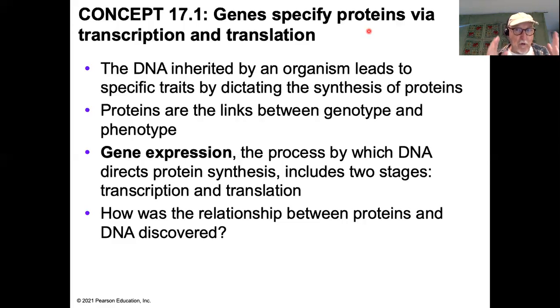Okay, the whole process ends up producing a polypeptide. It's important to remember that, because a single protein may consist of several polypeptides put together. Second of all, polypeptides need to be matured. Very often they need to pass through the endoplasmic reticulum, then the Golgi, etc., to be modified before they form a mature protein. So we don't just get a mature protein straight off of the processes that we're going to talk about here.